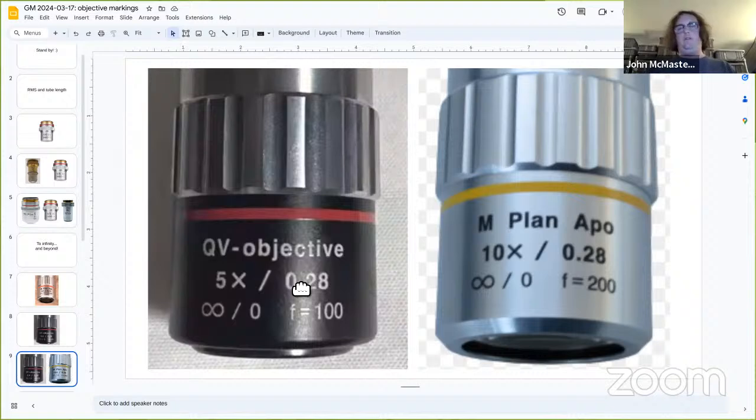If, for example, you have a 10x objective, and everything's set up correctly, that'll be 10x magnified on your camera sensor. So yeah, depending on your pixel size.